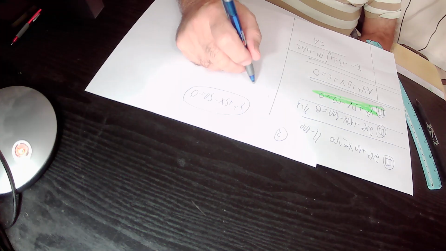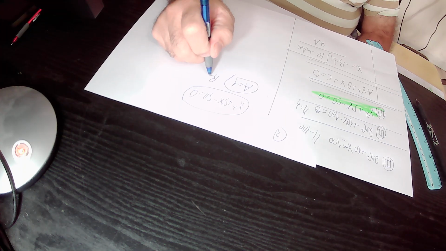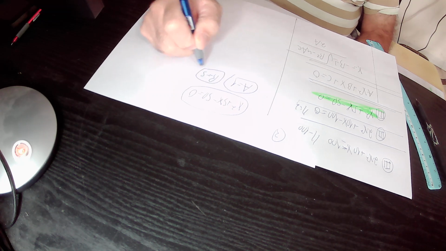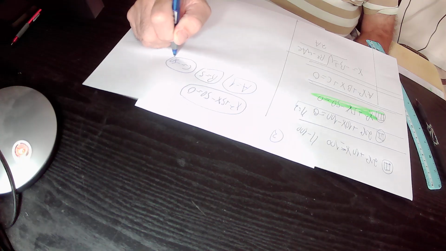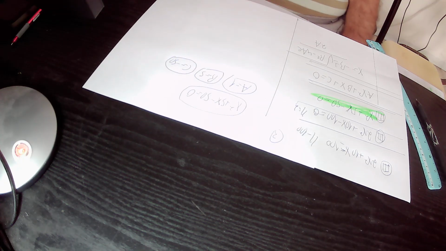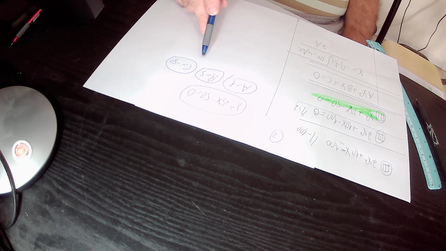The coefficient a equals 1, the coefficient b equals 5, and the coefficient c equals minus 50. So we have all the data needed in order to find out the value of x, that is the radius of the small quarter circle. We just have to put this data inside this general formula for x.